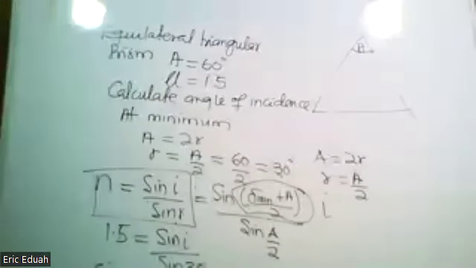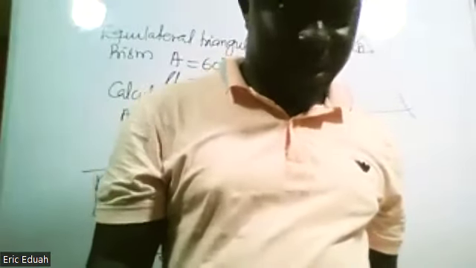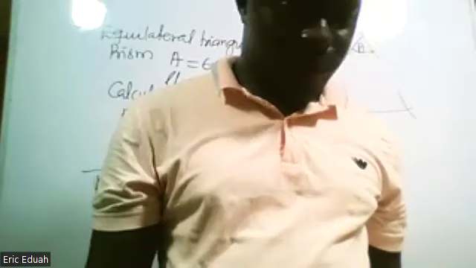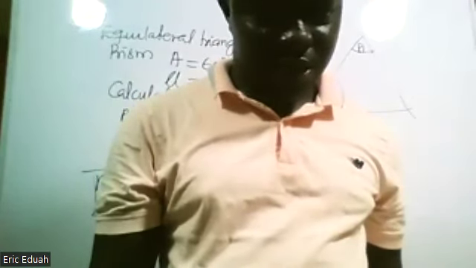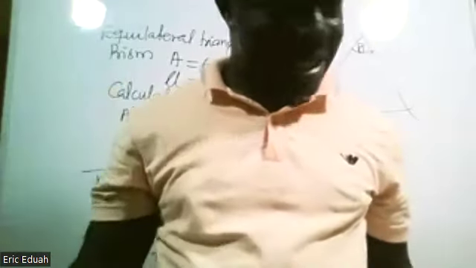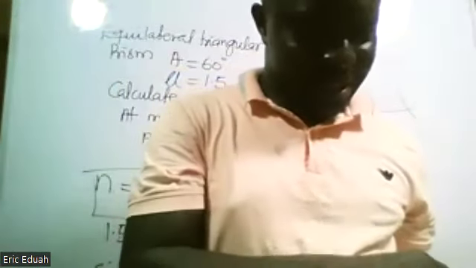This is the problem of the day. Mr. Jeff, the last sentence again. The last sentence is: what is the angle of incidence of the ray if the angle between the reflected and the refracted ray is 90?